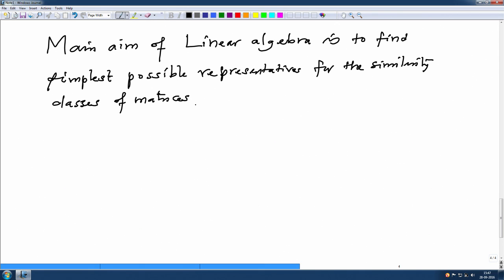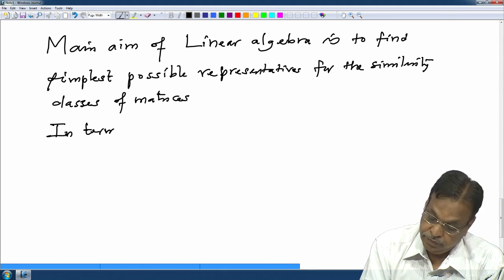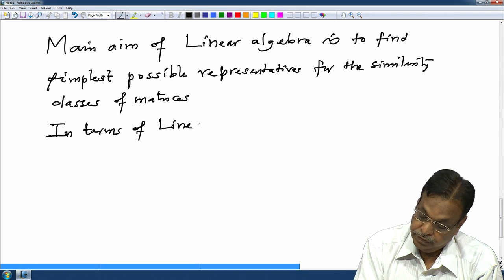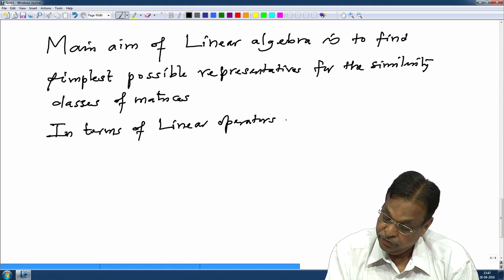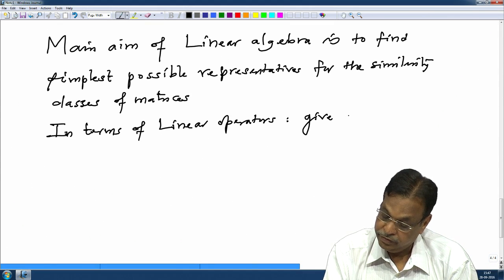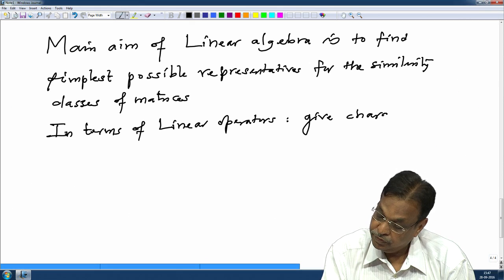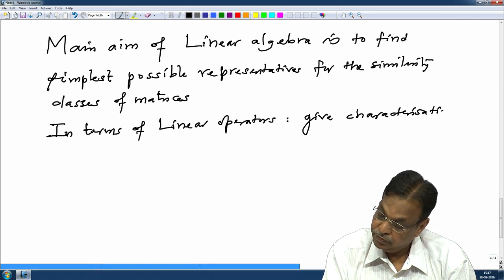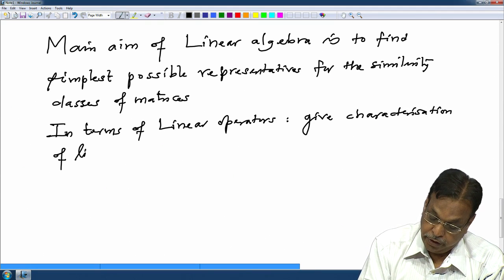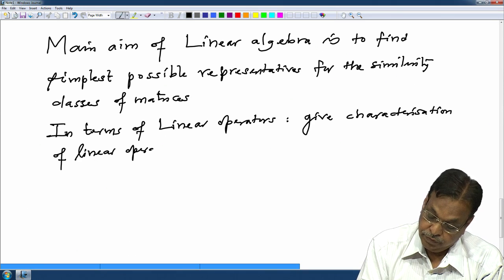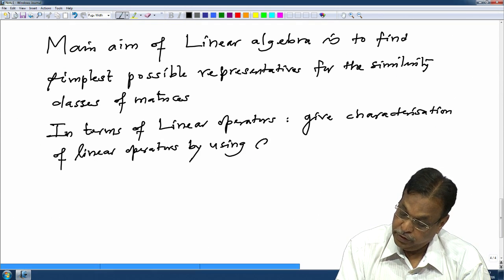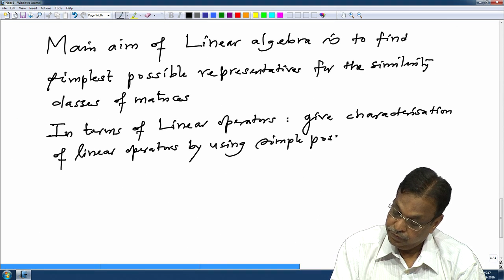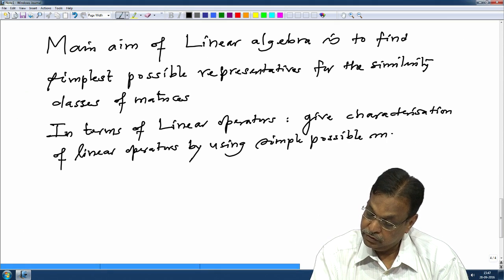That is, in terms of linear operators, to give a characterization of linear operators by using the simplest possible matrices.